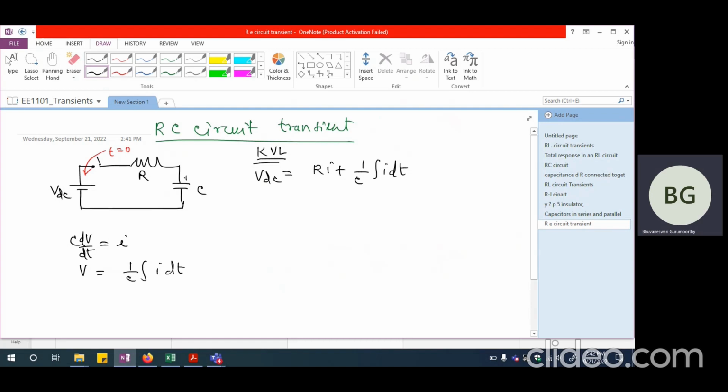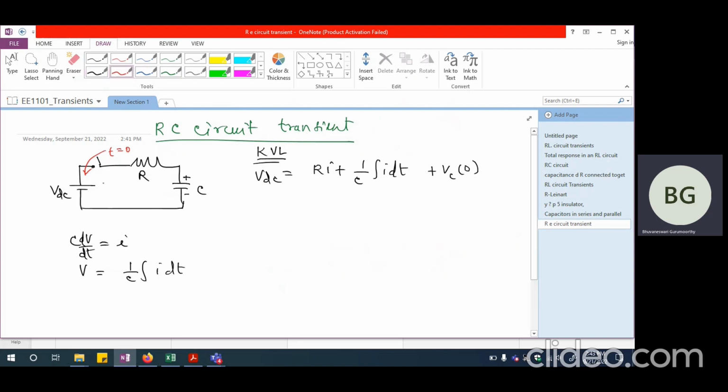Assuming that there is no charge in the capacitor initially. If there is an initial charge in the capacitor, I should write this as Vc of 0. That also has to be added depending upon what is the direction of current that I am taking.